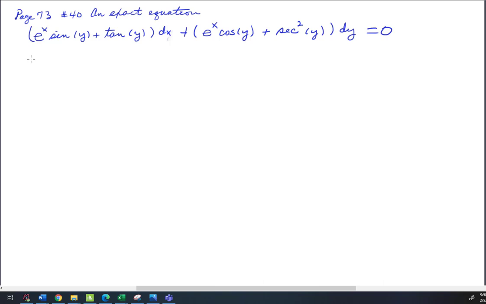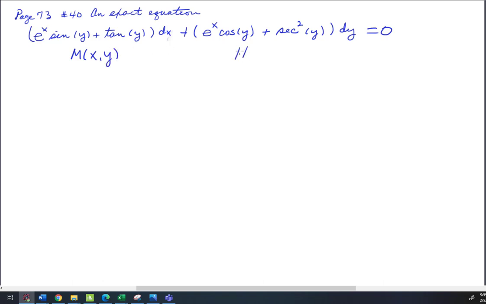Well, this is an equation, and it's written in the form of an exact equation, isn't it? Where I've got it in the differential form, a dx function out here, a function of both x and y, and a function here also of x and y. And traditionally, this is the function that we would call M of x, y.